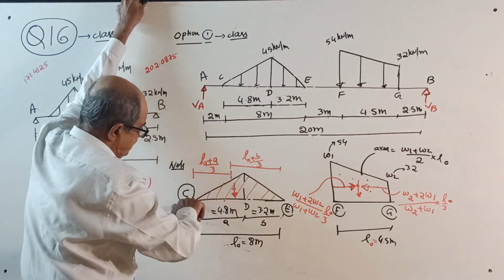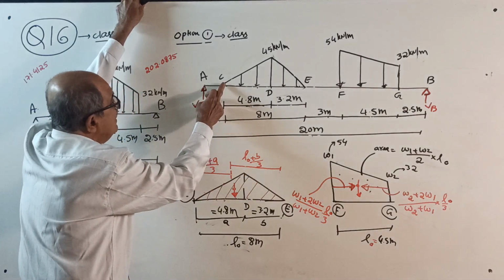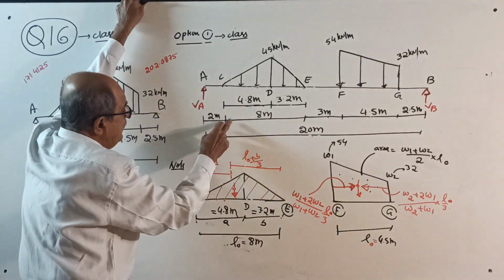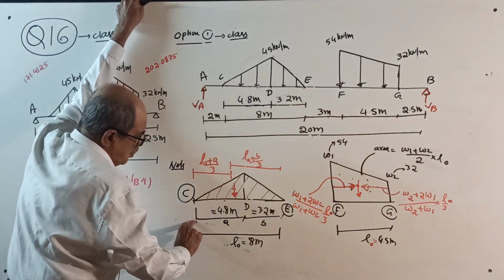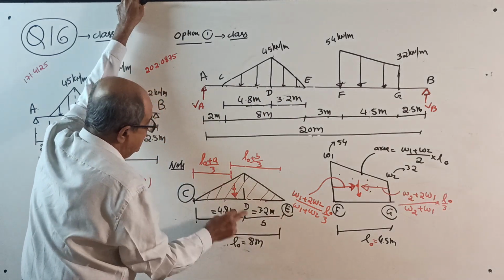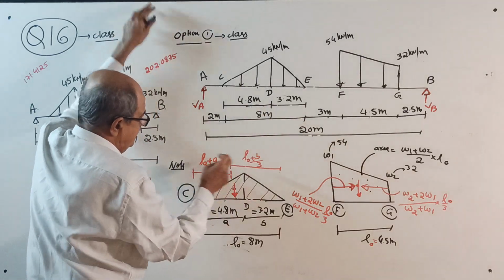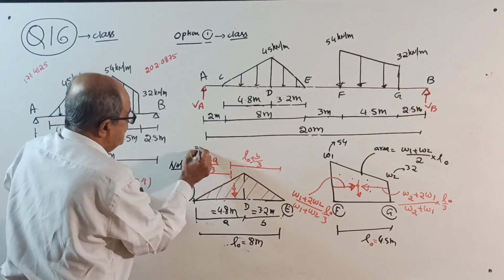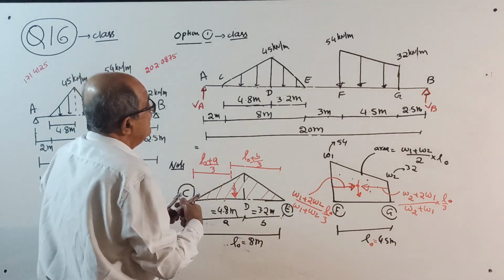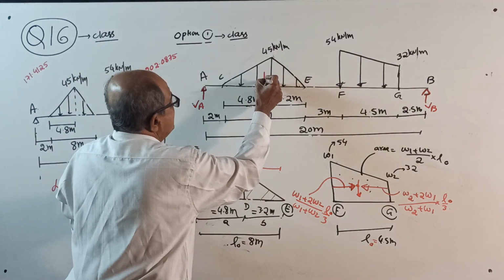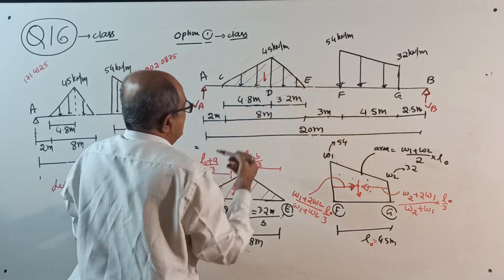Measure from the left end, not from A. Now it is from C, because in the earlier question this point was here, and now there is a gap. For C to E, the resultant will pass at the total length L0, that is 8, plus this cut length 4.8, divided by 3. This is the distance from here to the line of action of the resultant for the complete triangle.